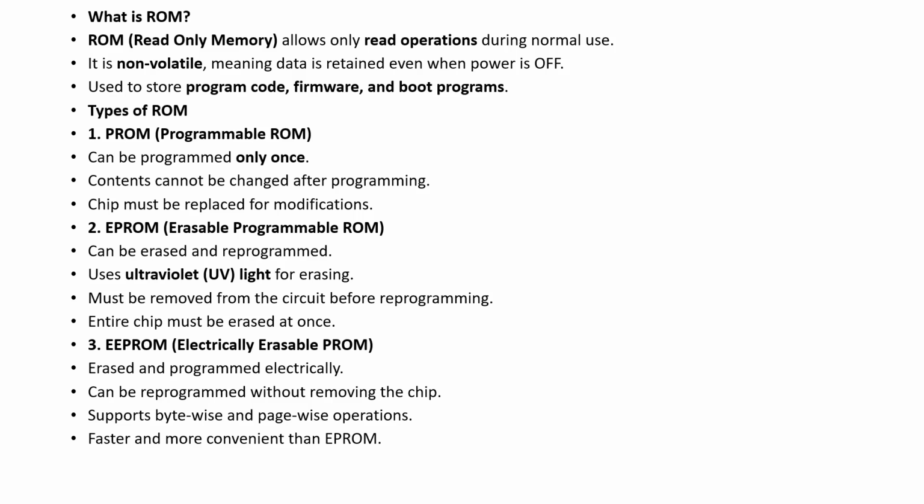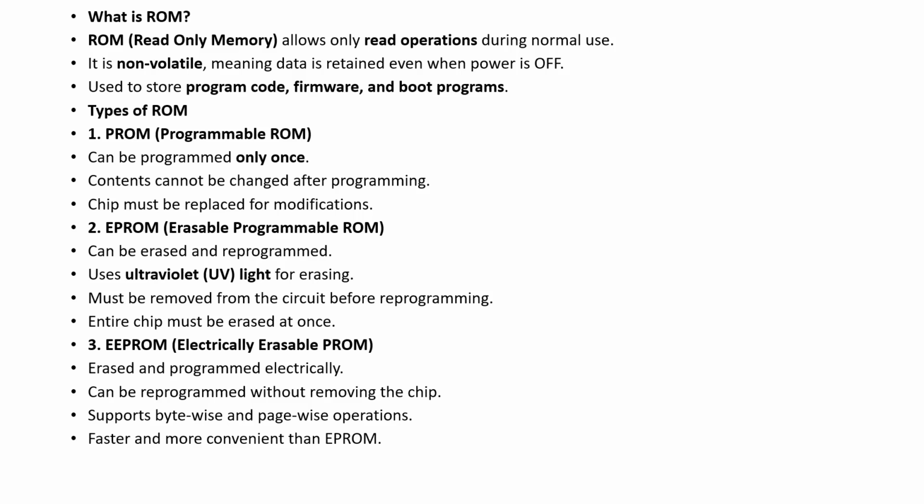Then EEPROM, electrically erasable PROM, is erased and programmed electrically. Due to this, EEPROM can be reprogrammed without removing the chip. Here the advantage is it can be programmed without removing the chip, but in EPROM the chip must be erased entirely.